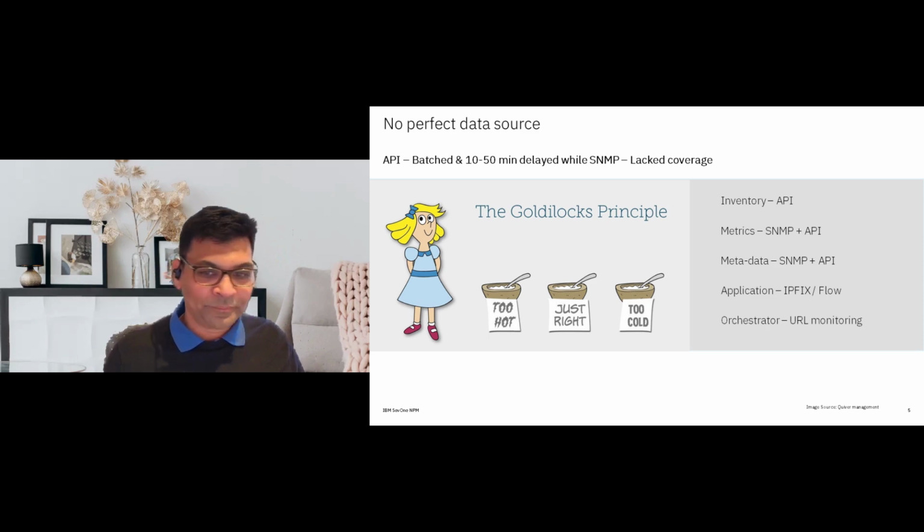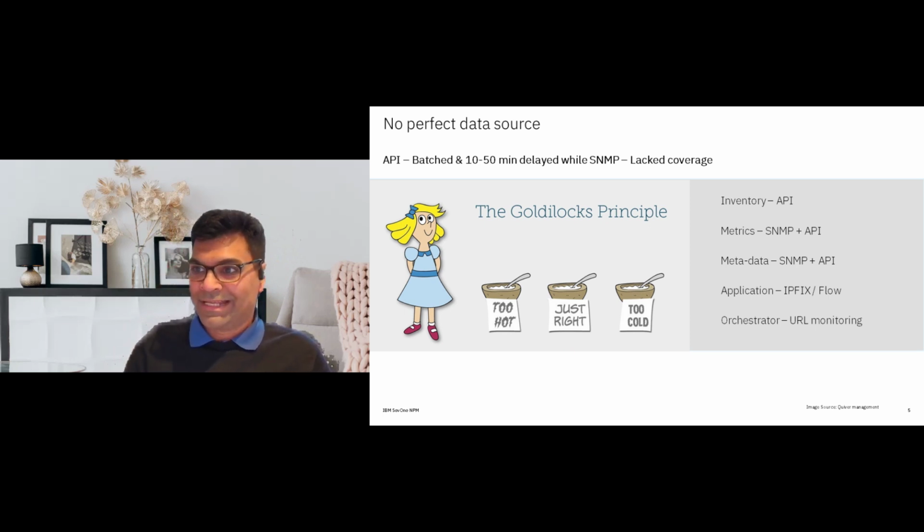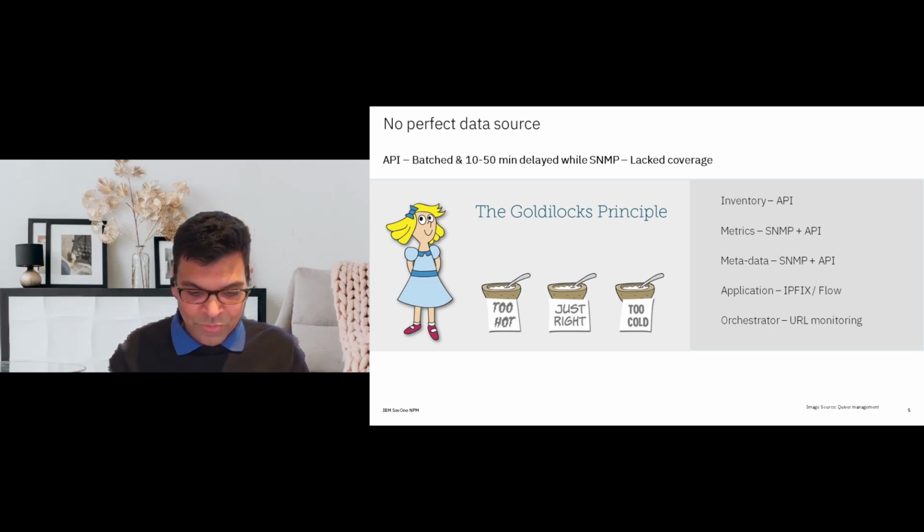One of the challenges that we saw with all the SD-WANs, and our experience was colored by this, we started off with Cisco SD-WAN. We've had Versa and Nuage and what have you. What we did see was that vendors did talk about the APIs as the preferred mechanism to get the data out.